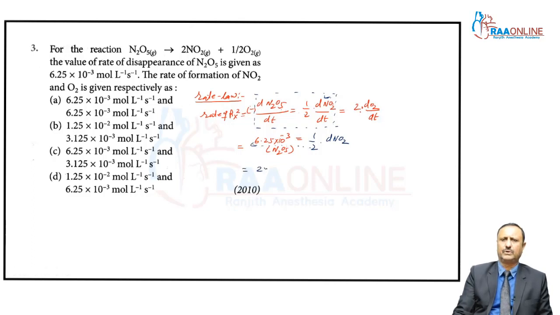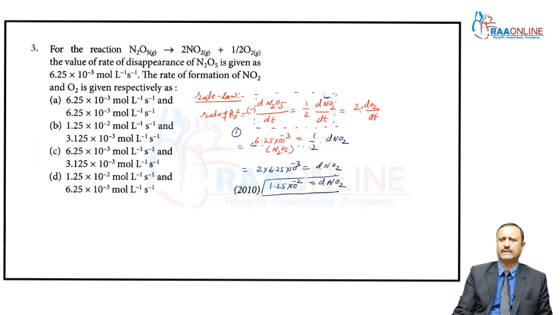So you get 2 × 6.25 × 10^-3 equals d[NO2]. When you multiply this quantity, you get 1.25 × 10^-2 equals d[NO2]. So, my dear students, you can see the B option and D option both have 1.25. This is one part. We have calculated one part.